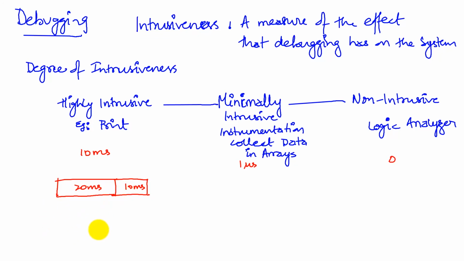That's a lot of interference. Now imagine here we have the same 20 millisecond task, but I have a small amount of data that I gather, which is my 1 microsecond. And this intrusion is very minimal in terms of the function of the system. Whereas here, the 20 millisecond task has no interference whatsoever. Now I understand.